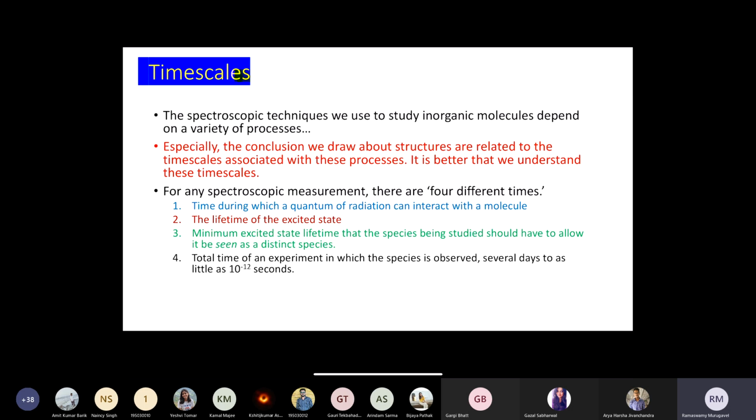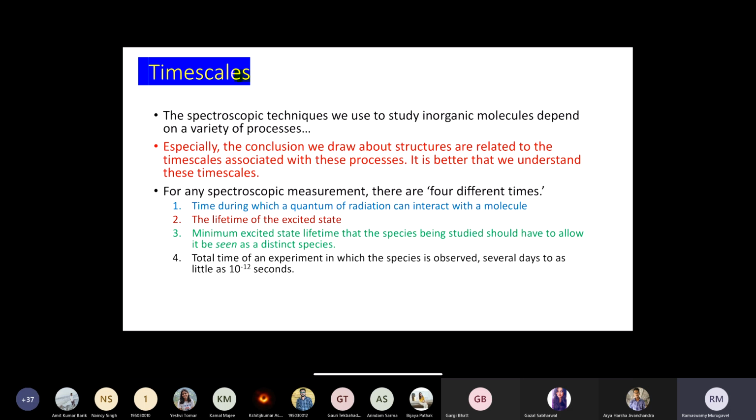They don't match with each other. So I'm talking about the minimum excited state lifetime that the species should have to allow it to be seen as a distinct species.